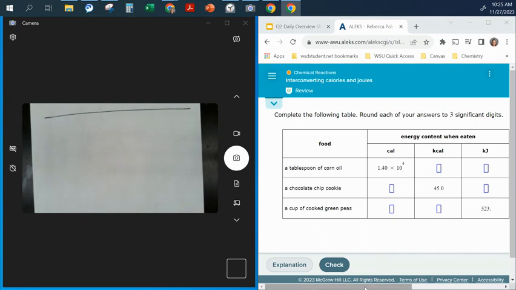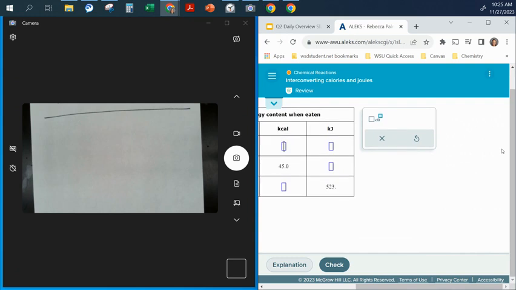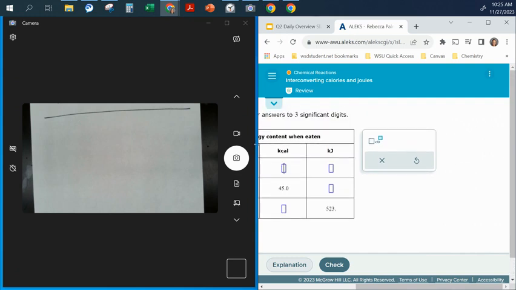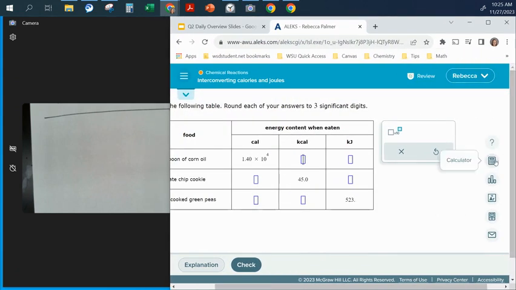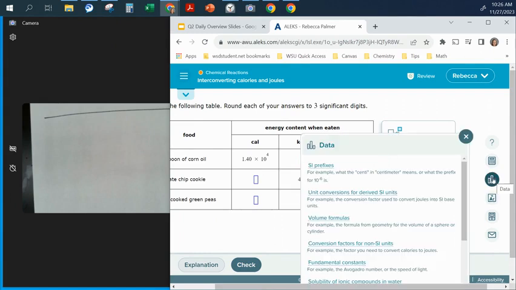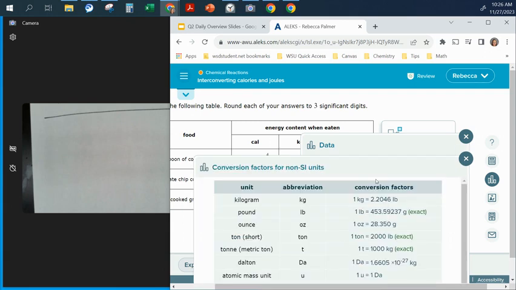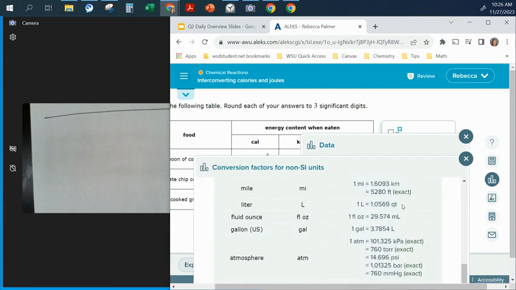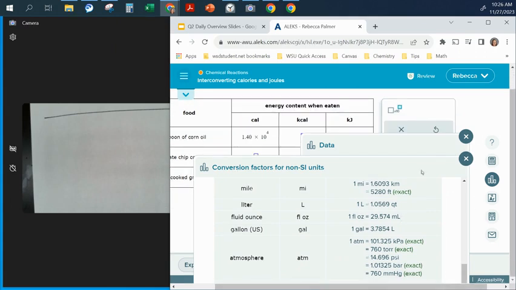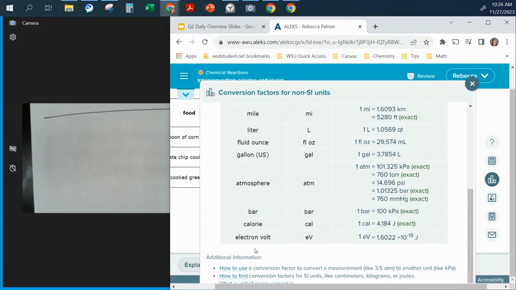So if I look in the data, and I go to unit conversions for non-SI units, the fourth one down, if I scroll almost all the way to the bottom, if I'm looking at calorie, we abbreviate that with CAL, and this is my conversion factor.